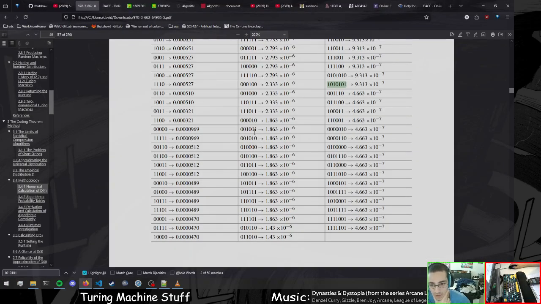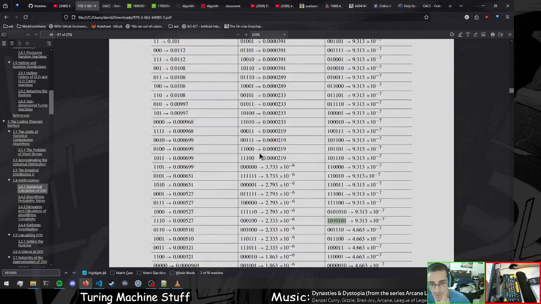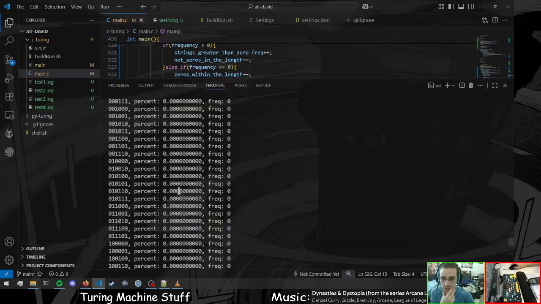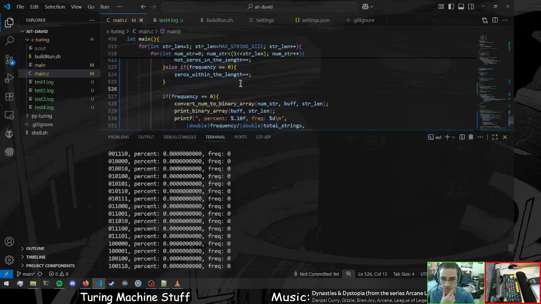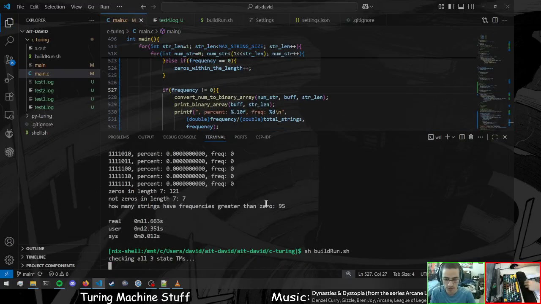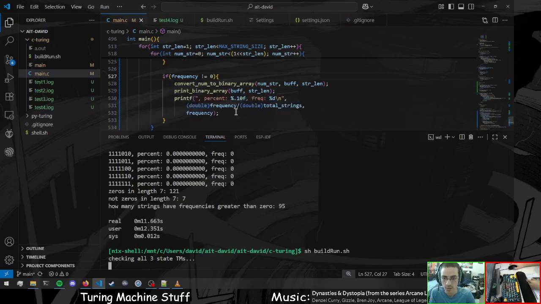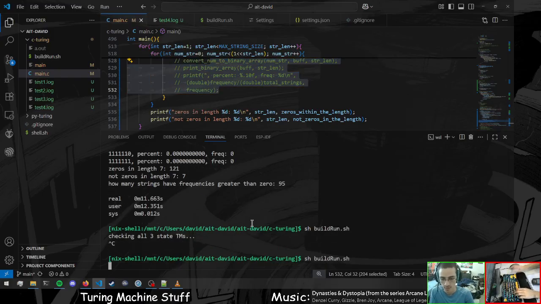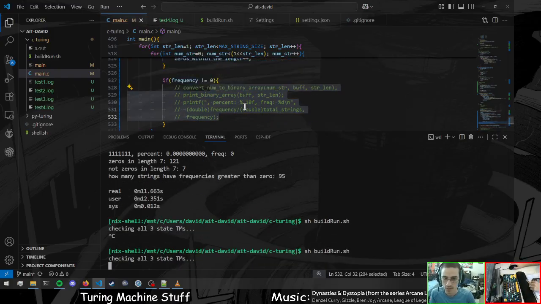How many length 6 strings do they have? Well, I can calculate that. I know they have 14 length 7 strings, right? So let's go back to printing just the ones here. I should maybe not even print those.